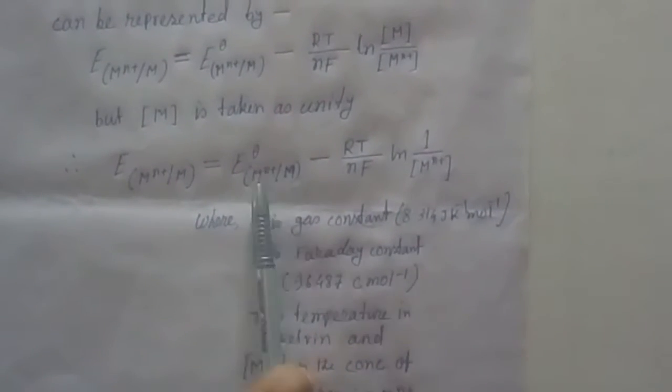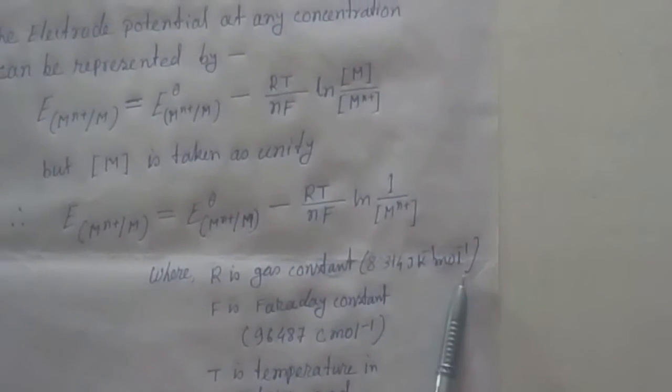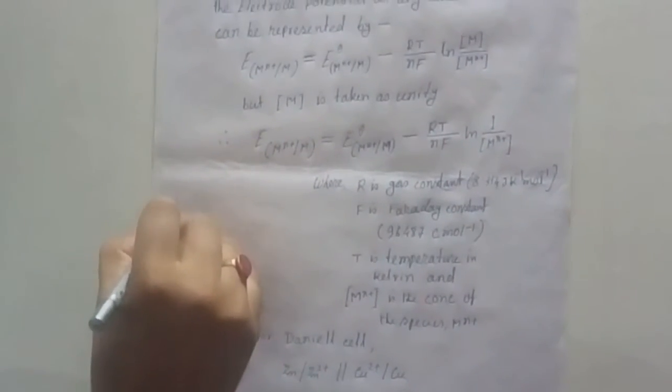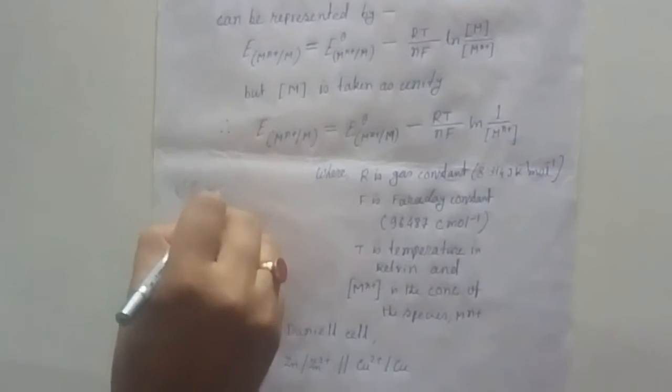Here R is the gas constant that we already know, its value is 8.314 joule per Kelvin per mole, and F is Faraday's constant, its value is 96487 coulomb per mole. So what is Faraday's constant? That is the charge of 1 mole of electrons. We know the charge of 1 electron is 1.6 × 10^-19.